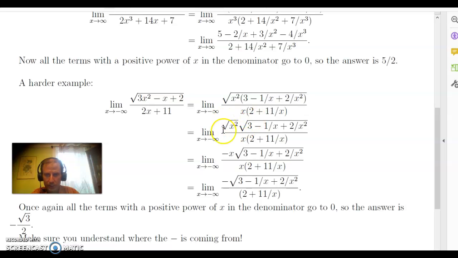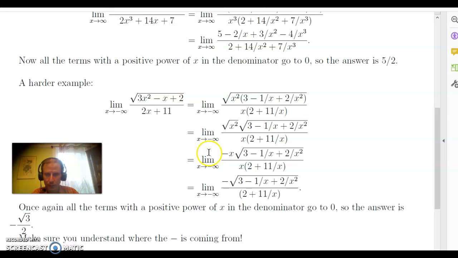So in order to simplify something like the square root of x squared when x is negative, and since we're taking the limit as x goes to minus infinity, you have to put a minus in front. Since x is negative, minus x will be positive. So square root of x squared simplifies to minus x if and only if x is negative.